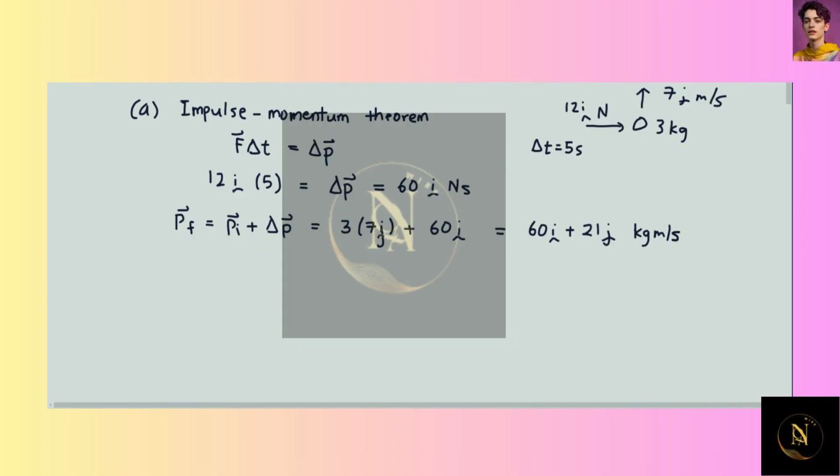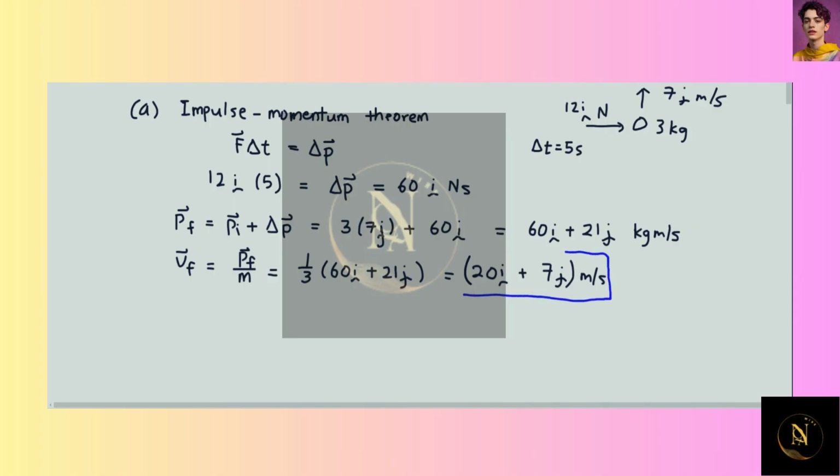Then the final velocity v_f is just p_f divided by m, so we have 1 over 3 times 60i plus 21j, and this gives us 20i plus 7j meters per second. So this is the final velocity of the object.